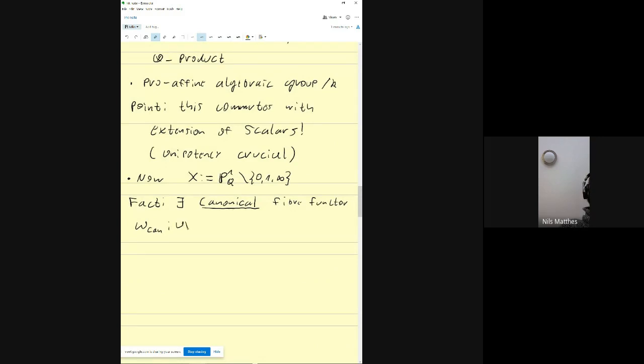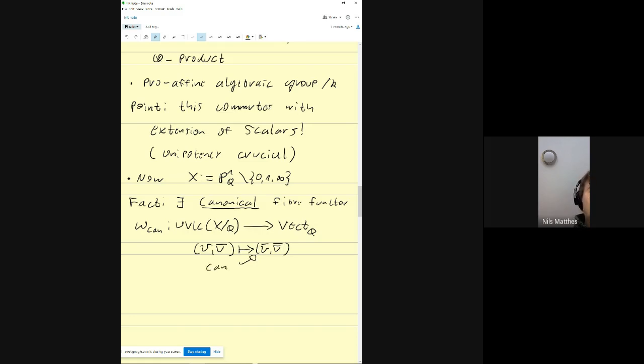And how is it defined? Maybe here, the field is actually Q. You take your vector bundle with connection, and you can extend this vector bundle with connection to a vector bundle with connection on the projective line, where the connection has at most logarithmic singularities along the divisor given by 0, 1, and infinity.